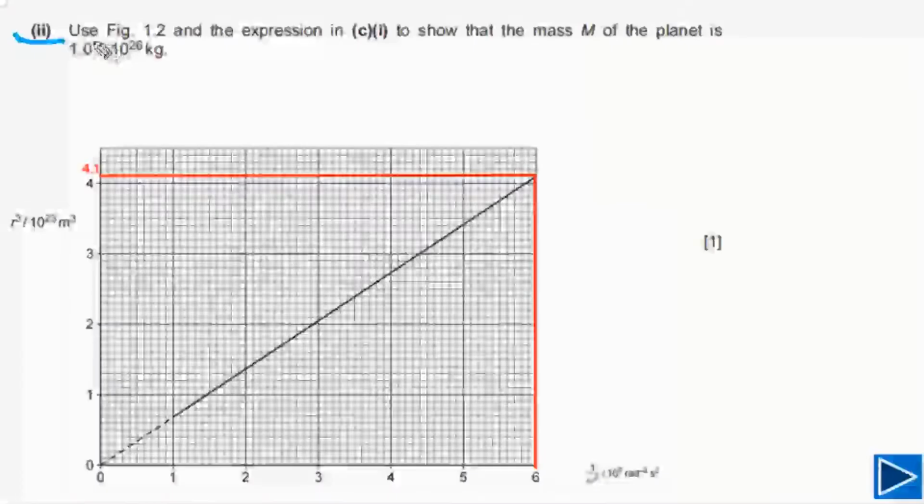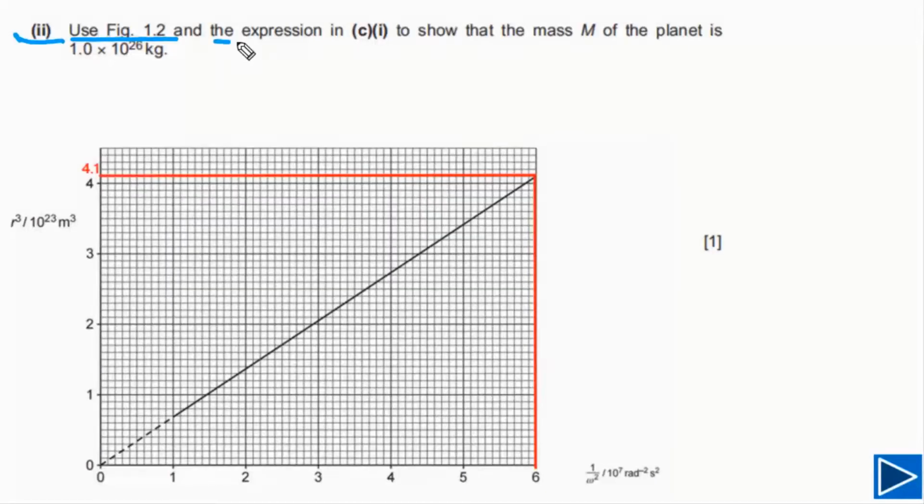For the second part, we need to use figure 1.2 and the expression in C1 to show that mass capital M of the planet is 1.0 times 10 to 26 kgs. This is figure 1.2.